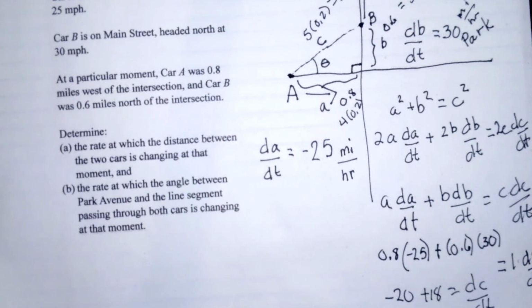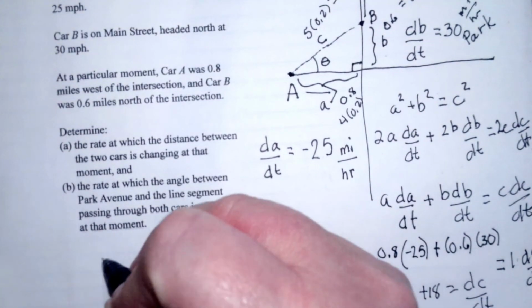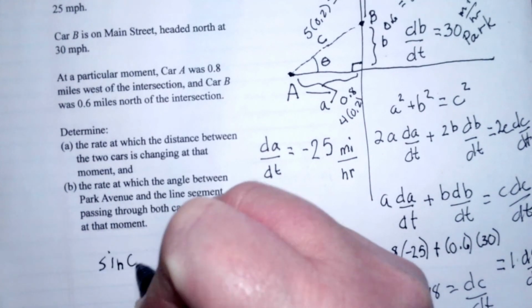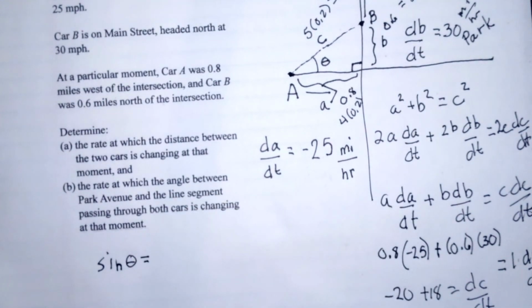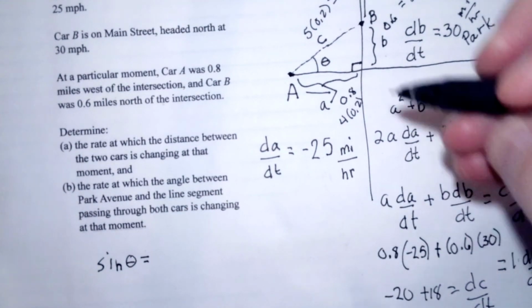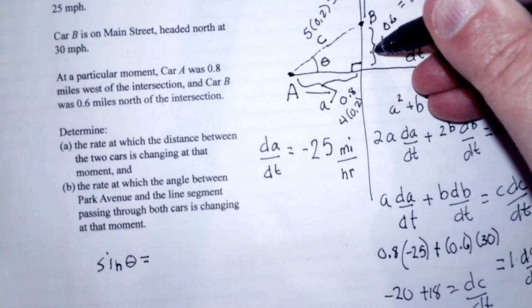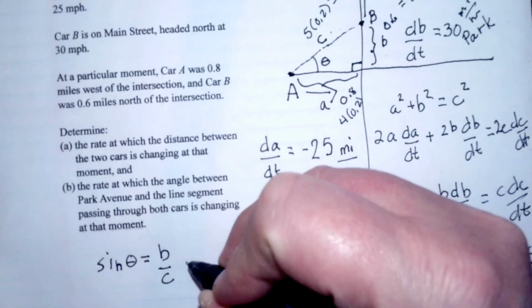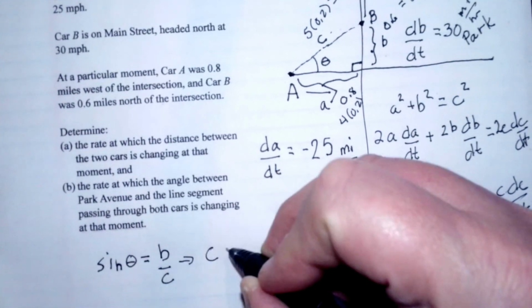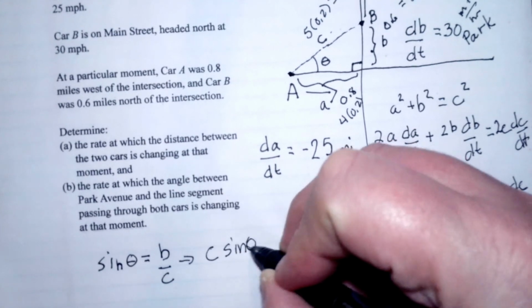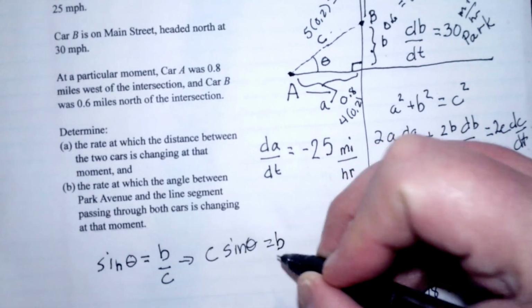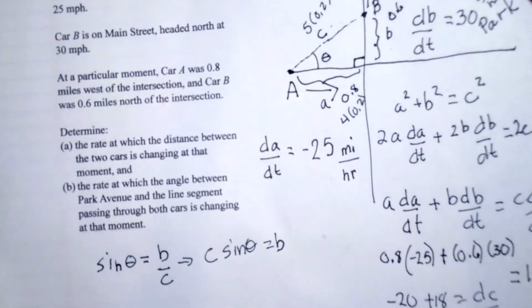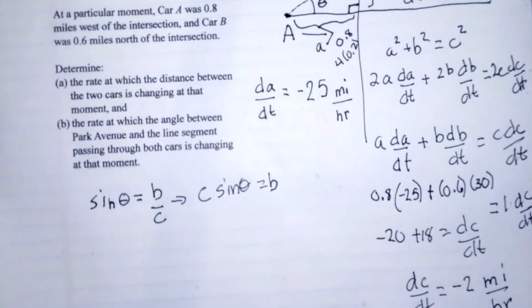How about we use the sine? The sine of theta is equal to the opposite over the hypotenuse, b over c. I think I'll write that as c times the sine of theta equals b, because when we differentiate this, I'd rather use the product rule than the quotient rule.